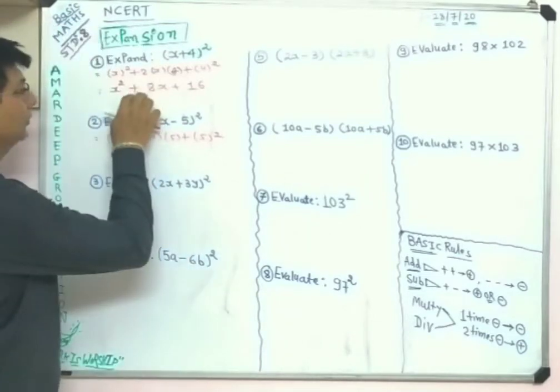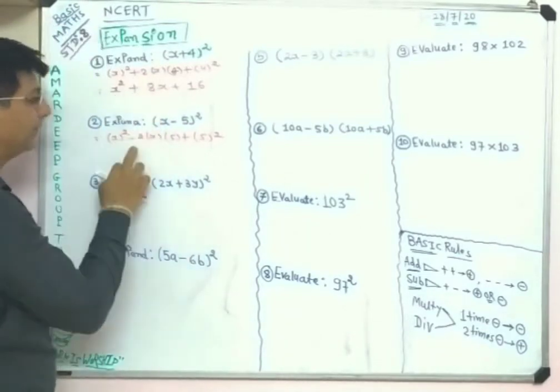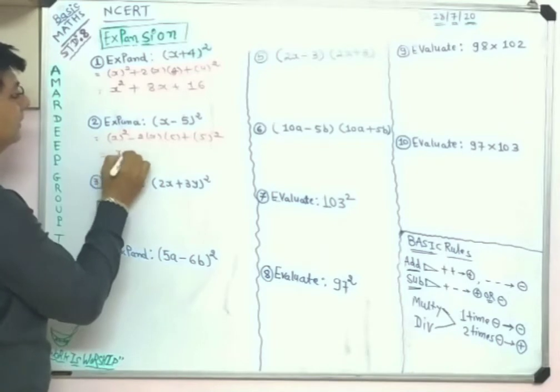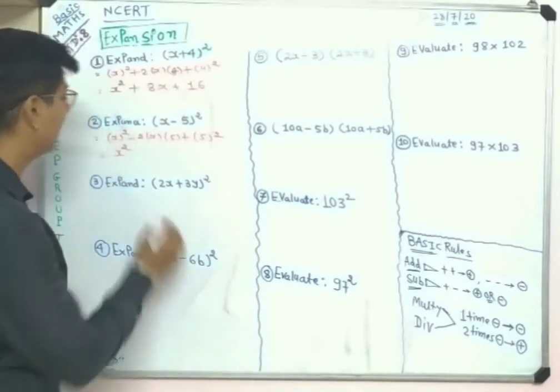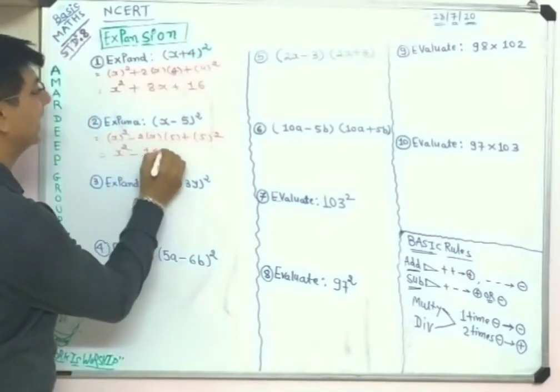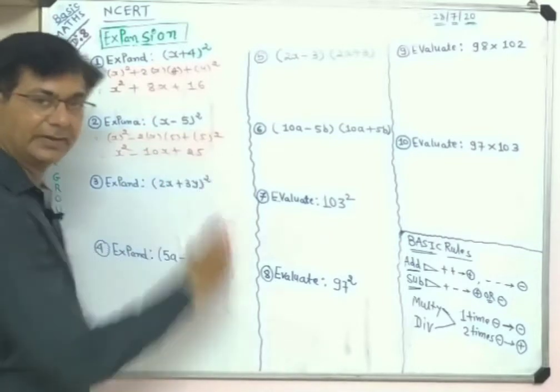So we have to put these signs, plus and minus. Now the answer will be x square minus 10x plus 25.